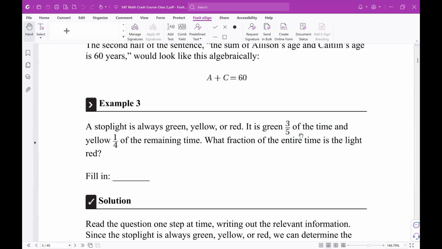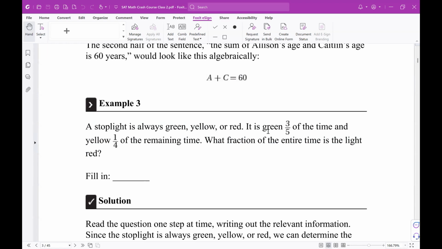Because if you don't understand the problem statement, you won't be able to construct linear equations or whatever it is. A stoplight is always green, yellow, or red.